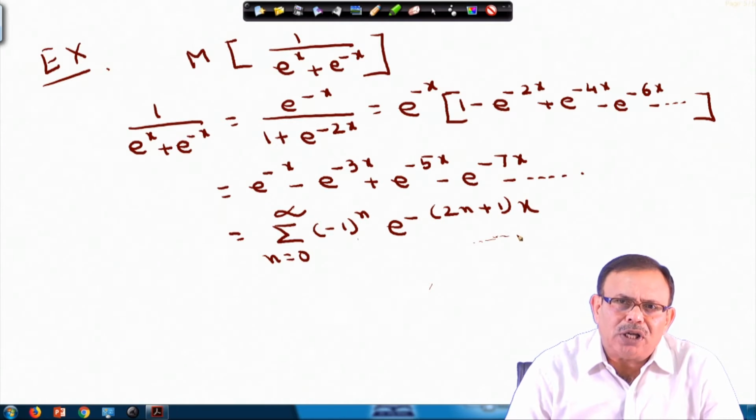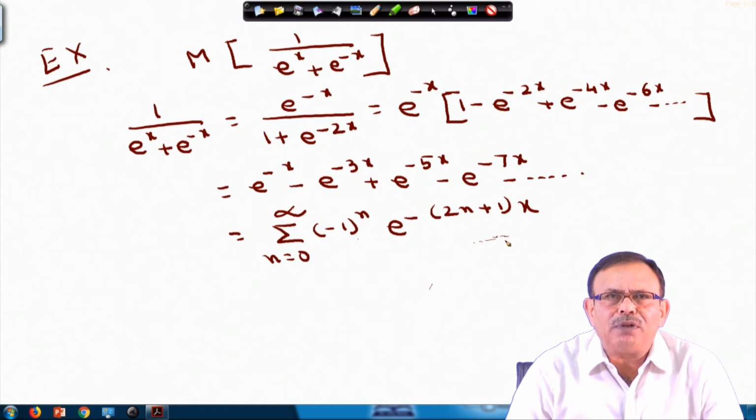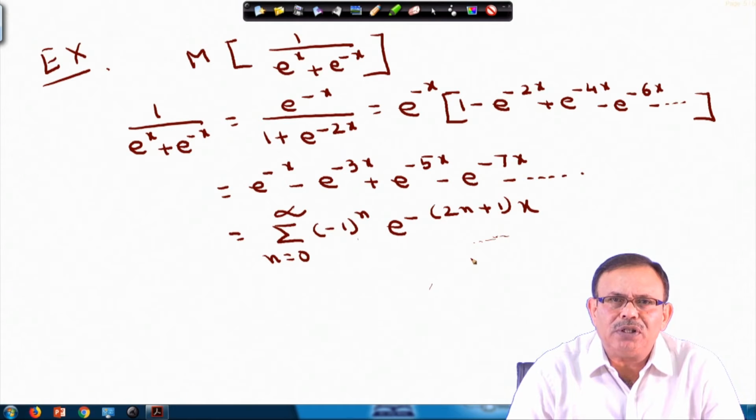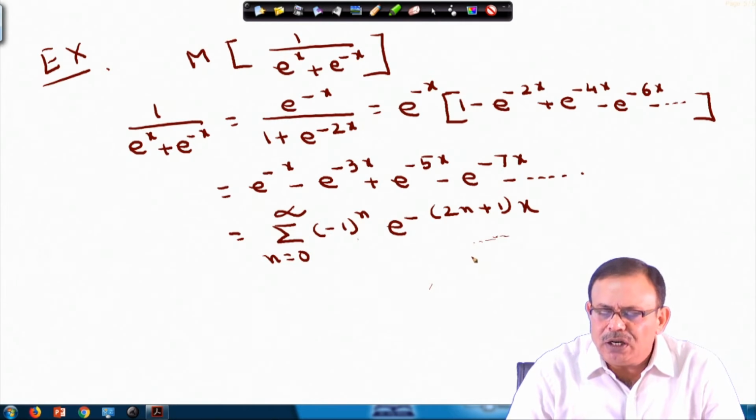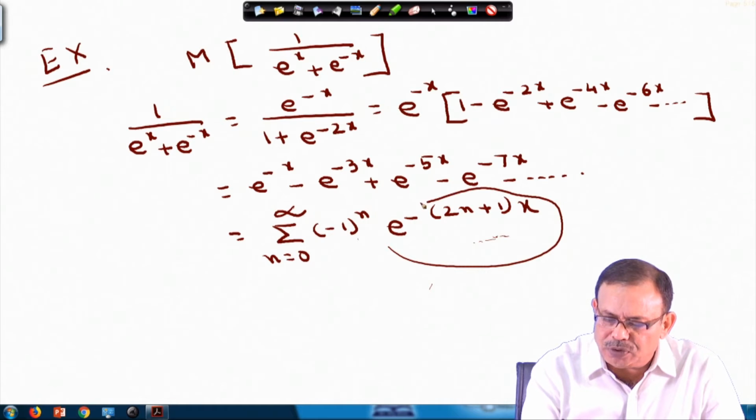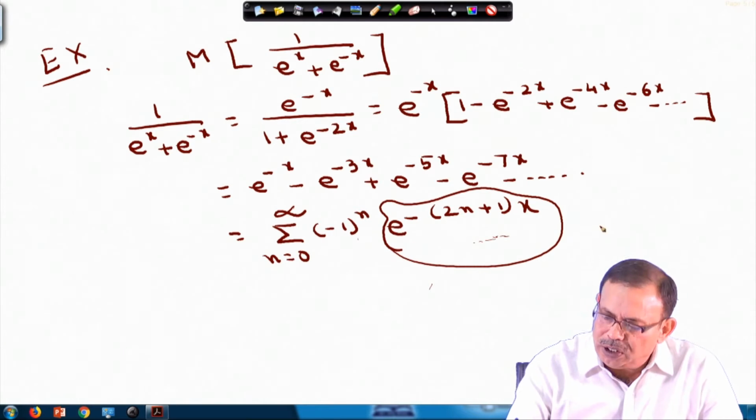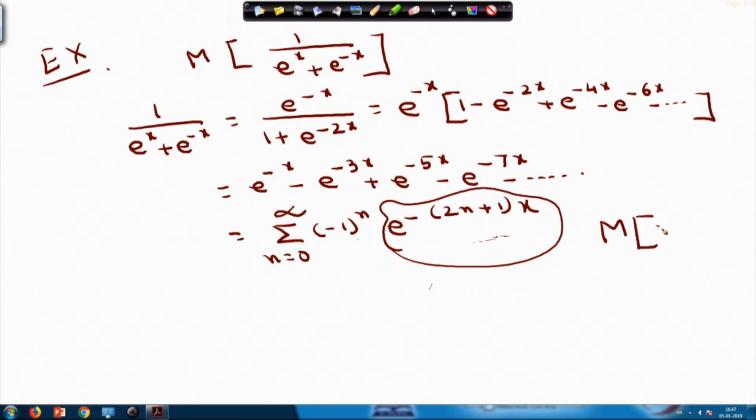So, finding the Mellin transform of 1 by e to the power x plus e power minus x is equivalent to finding the Mellin transform of summation n equals 0 to infinity, minus 1 to the power n, e power minus twice n plus 1 into x. And I hope you can understand why we are transforming this in terms of e power: because the Mellin transform of e power ax or e power minus ax is already known to us.